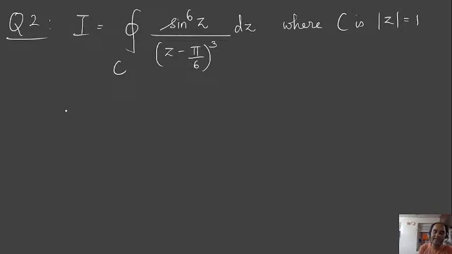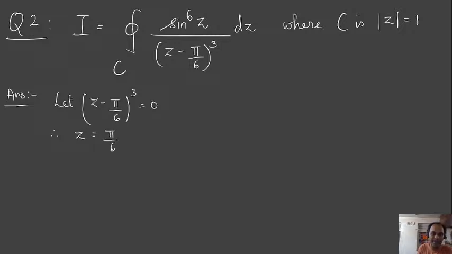Now in this case we are going to have a multiple pole. So let us write that down. Let (z minus pi by 6) whole raised to 3 equal 0. Therefore z is equal to pi by 6, pi by 6, pi by 6. Now what are we going to get over here?